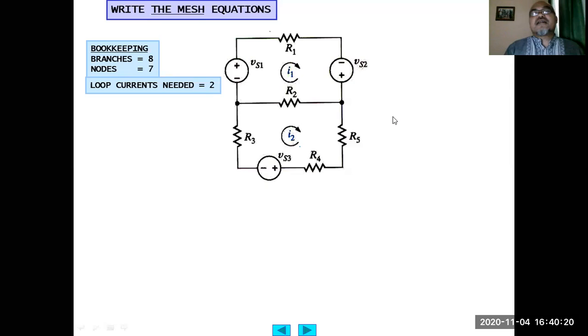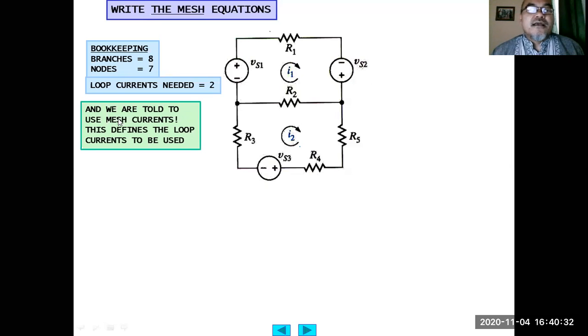Two loop currents are needed if we want to know the voltages and the currents flowing through each of the components, and then we can calculate the voltages accordingly. And we are told to use mesh currents. This defines the loop, because here the problem states that the mesh equation is easier, and you need only use a loop that does not enclose another loop inside this mesh.